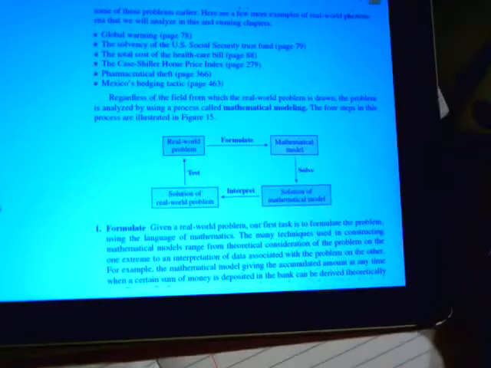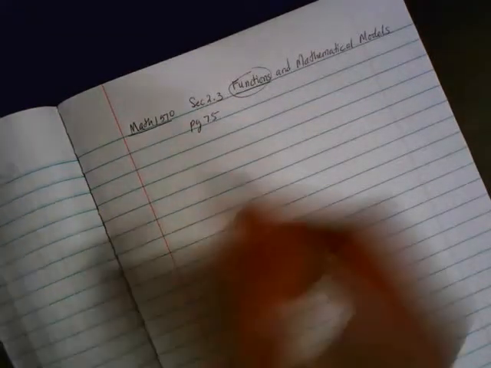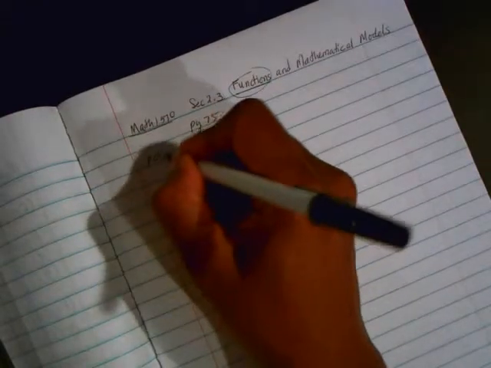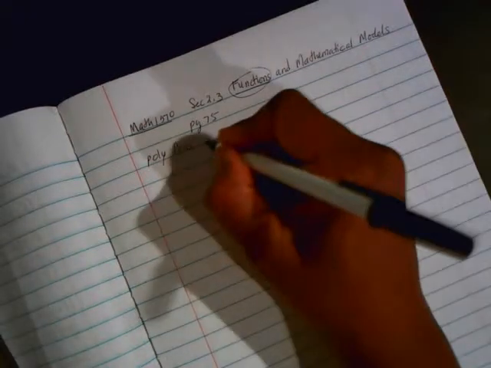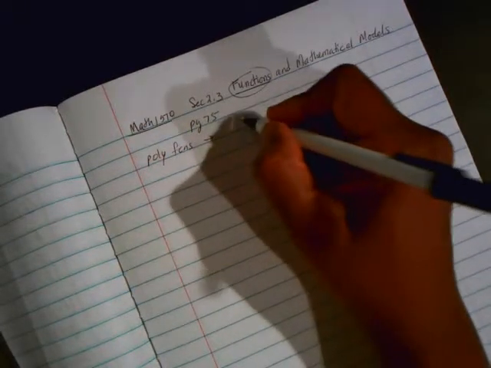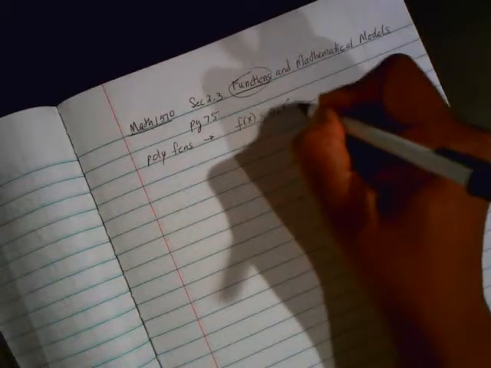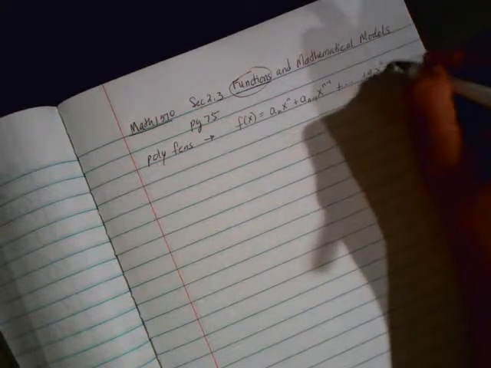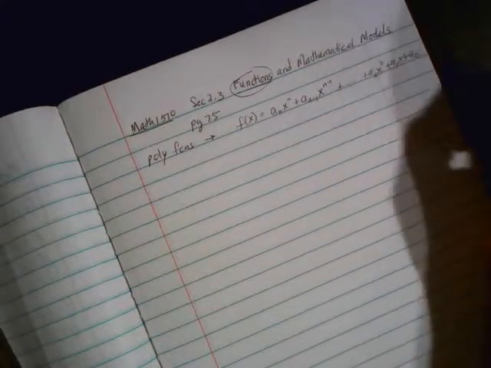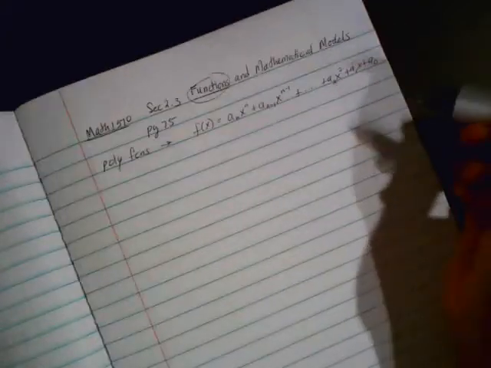Okay, so before we get to all that, let's talk about the various functions. We have already seen polynomial functions, and polynomial functions basically have nice terms. So if you have a function of this form, f of x equals a_n x to the n plus a_(n-1) x to the n minus 1, etc., plus a_2 x squared plus a_1 x plus a_0, where all of these exponents are positive integers.